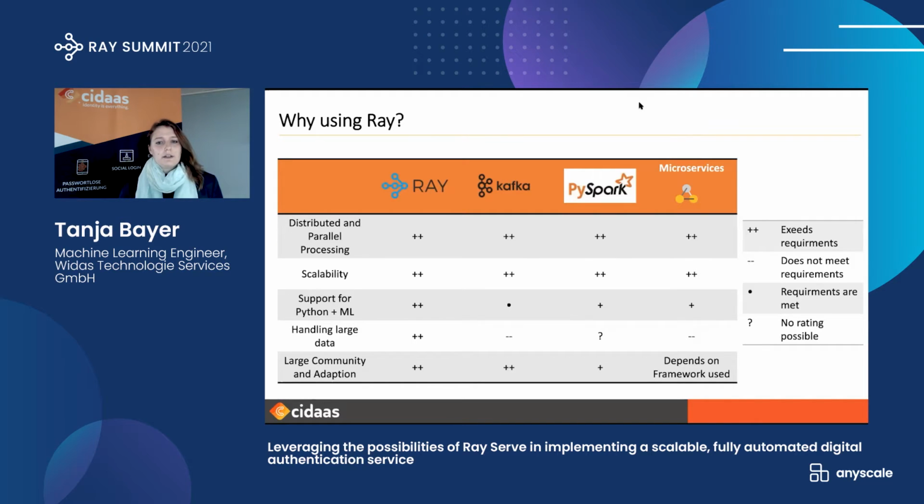So after having a look at those frameworks, we needed to consider some more requirements. One of the requirements was the support of Python as a programming language, because it is the most common language right now for machine learning and data scientists, and hence enables us to make fast progress in developing in this language.